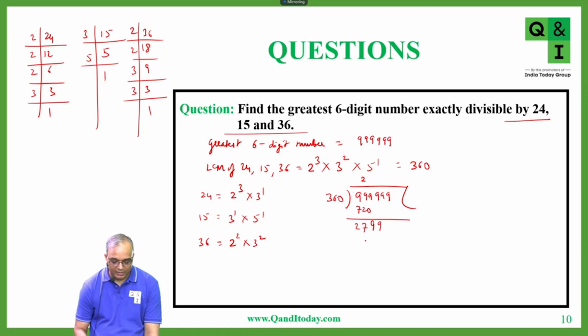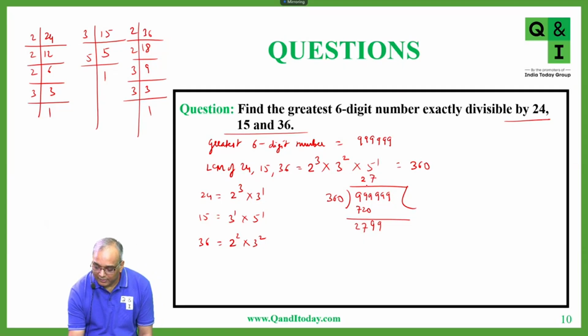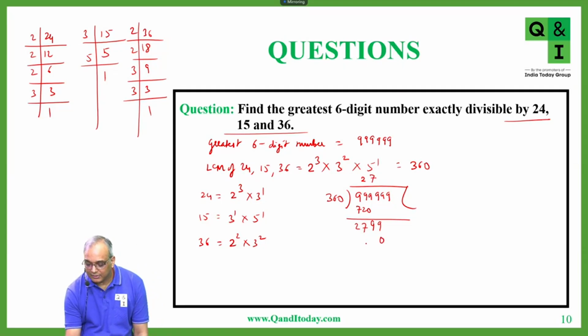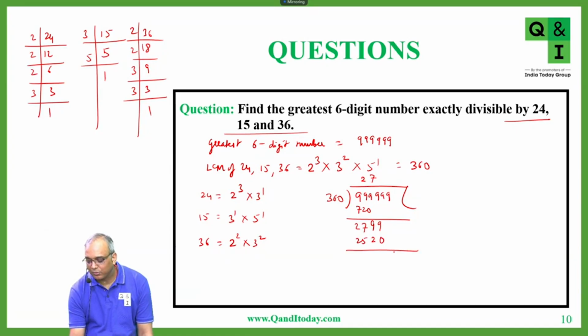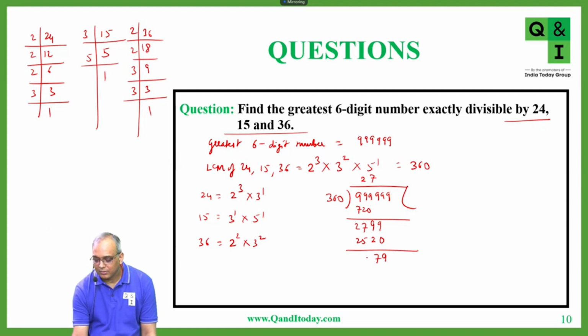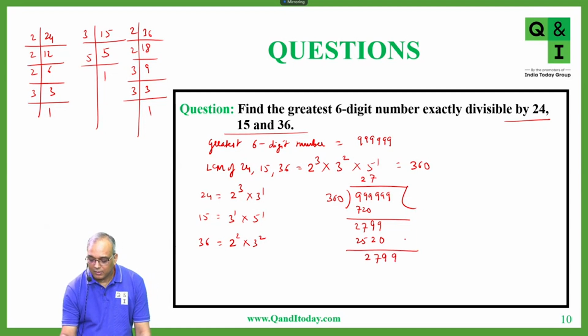Now here, 7 times 360 gives 2520. Again, 7 times, we will have 2520.